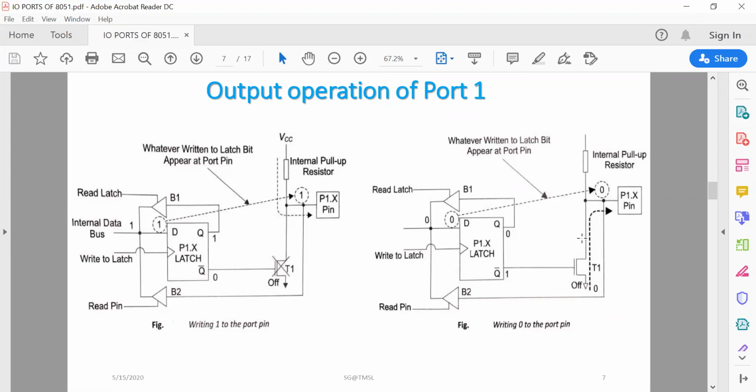So here we get 0, so the pin status will be 0. This will be on, this is not off, this will be on.